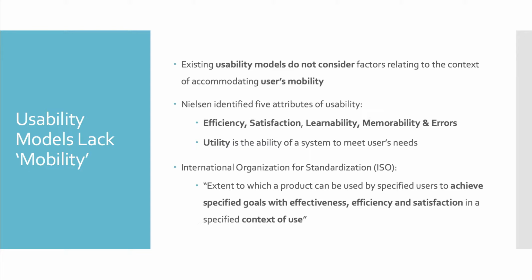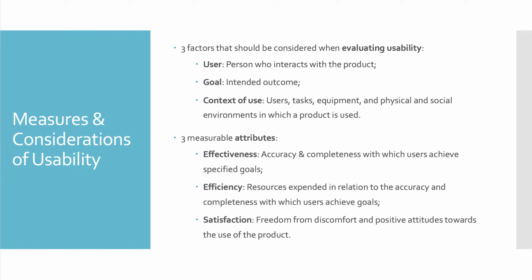And then there's the International Organization for Standardization, or the ISO, which says that the extent to which a product can be used by specified users to achieve specified goals with effectiveness, efficiency, and satisfaction in a specified context of use is basically the other side of the usability model spectrum.